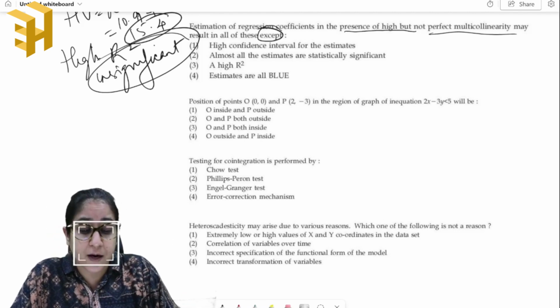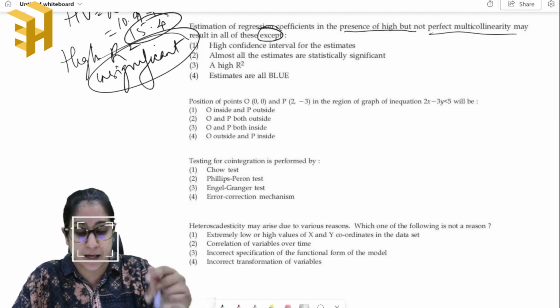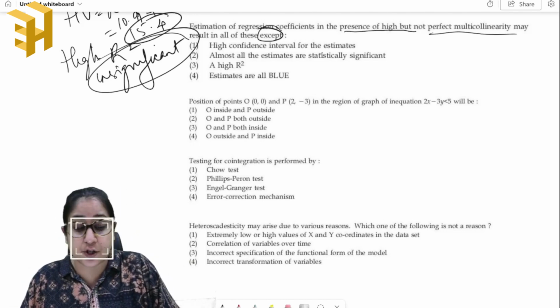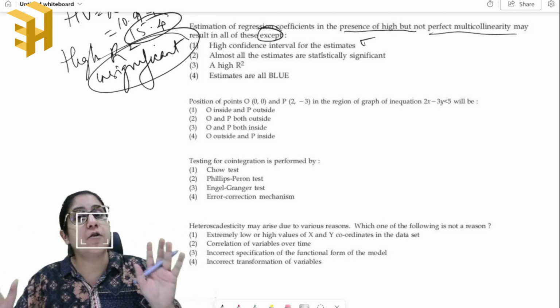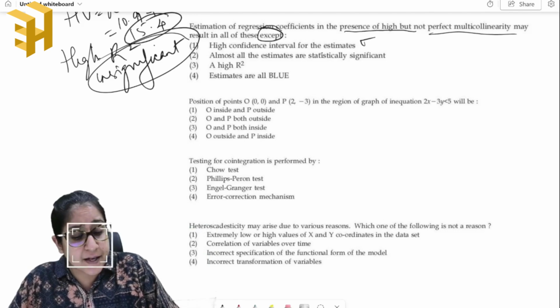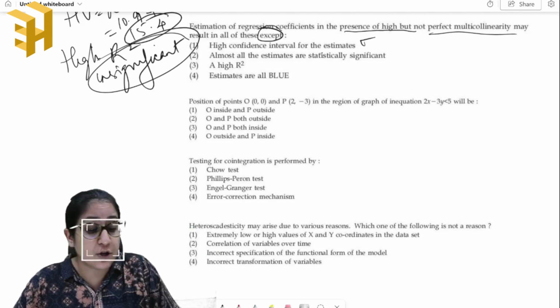Now we have to identify what will not be the result of multicollinearity. High confidence intervals for the estimates: yes, this is true because the standard errors inflate the confidence intervals, right? Then, almost all the estimates are statistically significant: wrong.